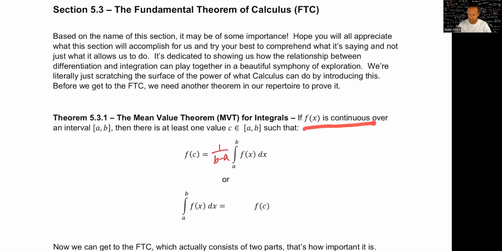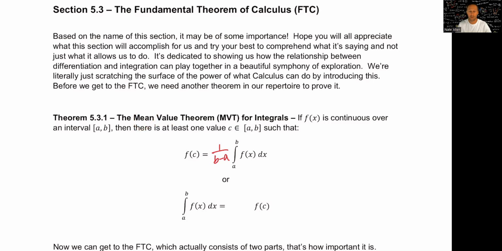And if our function is continuous on that closed interval, then what this theorem has proven is that there will be at least one value in that interval that makes this true. Hence the name, the mean value theorem.